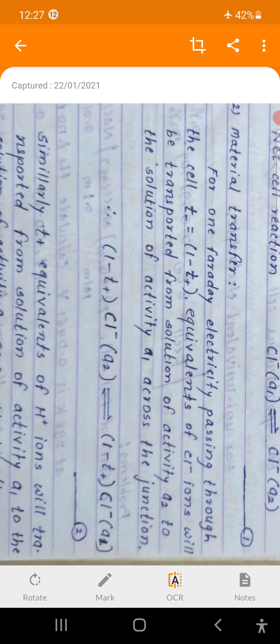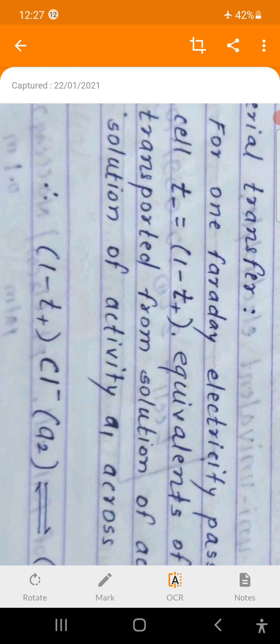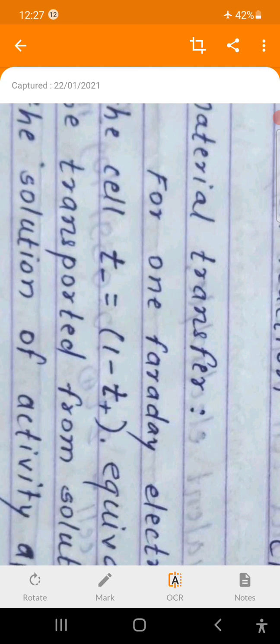Here we write T minus is equal to 1 minus T plus. We already know that the transference number of cation plus the transference number of anion is equal to 1.